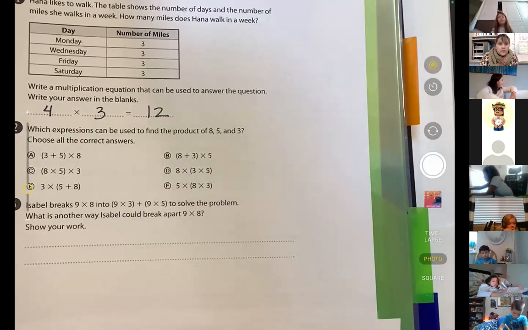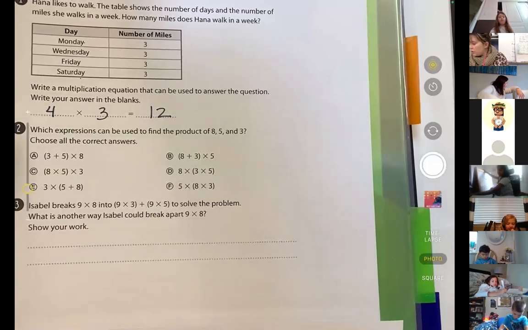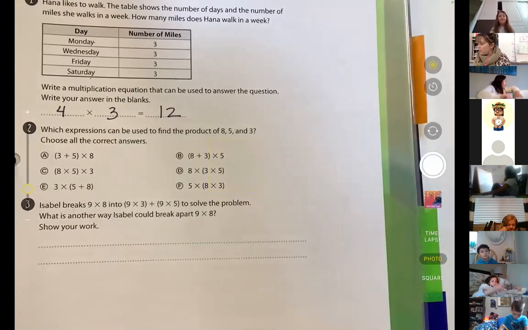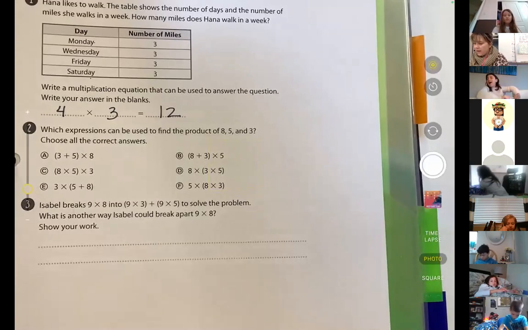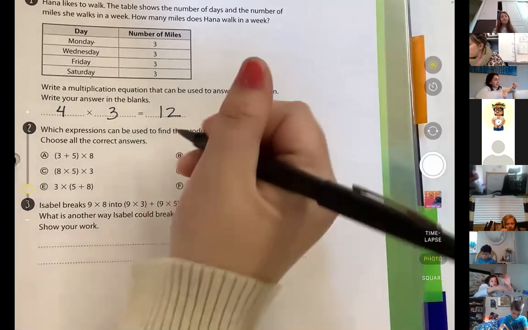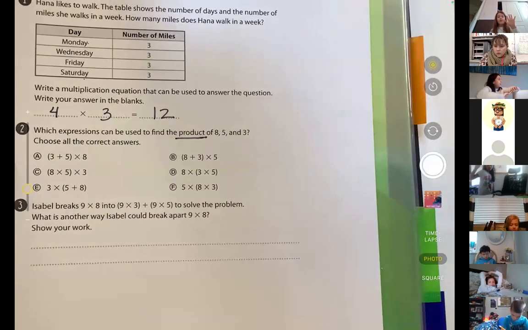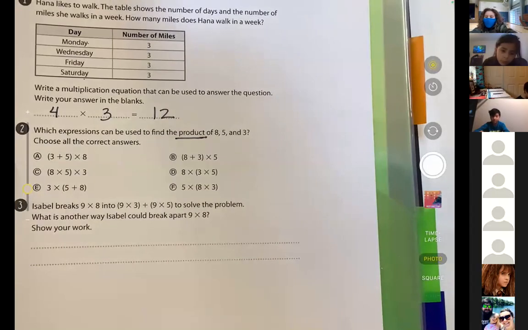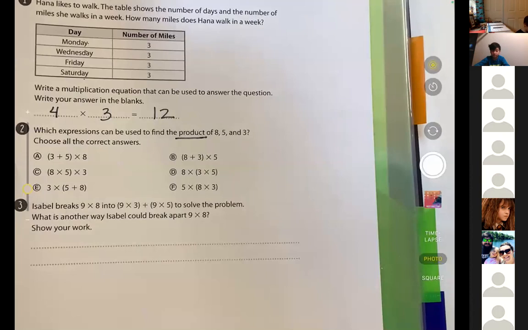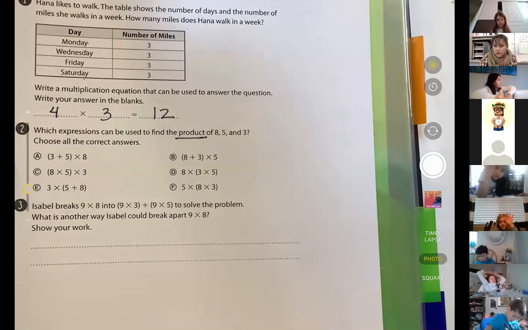All right, number 2. Says, which expressions can be used to find the product of 8, 5, and 3? Somebody remind me, what does product mean? I want to make sure I'm not missing out on people on that screen.